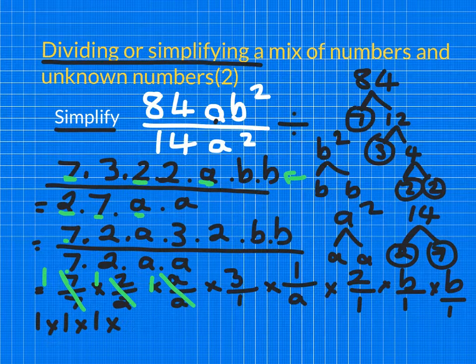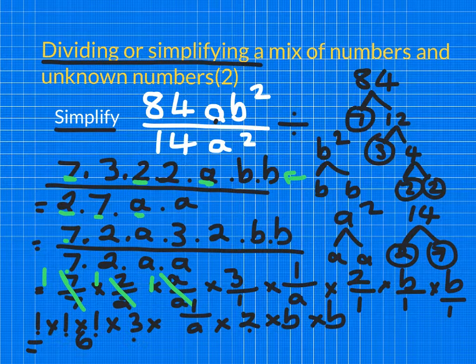Now 3 over 1 is the same as 3. We've got a 1 over A. We've got a 2 over 1, which is the same as 2. We've got a B over 1, which is the same as B, and another B over 1, which is the same as B. That leaves us numerically with 1 times 1 times 1 times 3 times 2, which gives us 6.